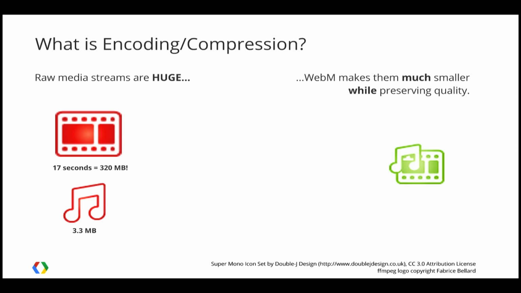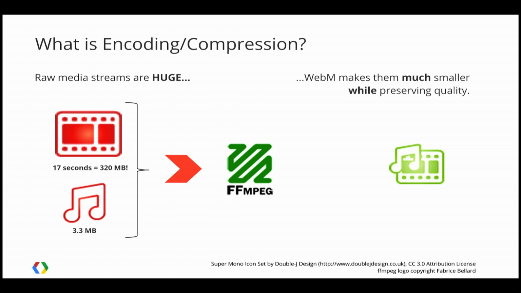So how are we going to get 323 megabytes of data over a network to a user in 17 seconds? Well, we're going to use FFmpeg. We're going to combine these streams, which is called muxing, multiplexing. We are then going to run them through FFmpeg, and this is represented by this clever spinning logo. This is where all that magic that I talked about happens.